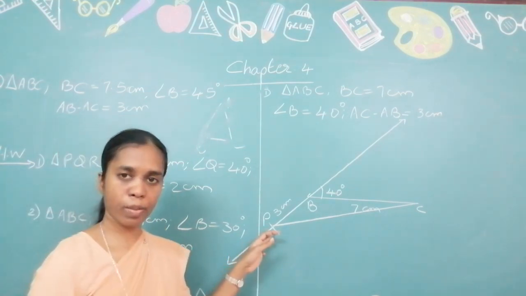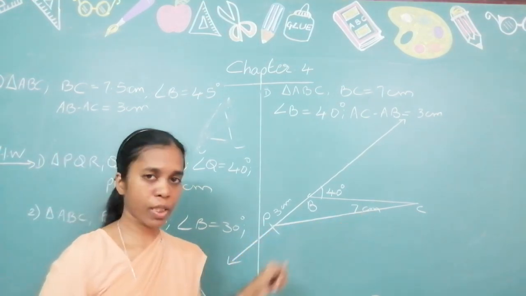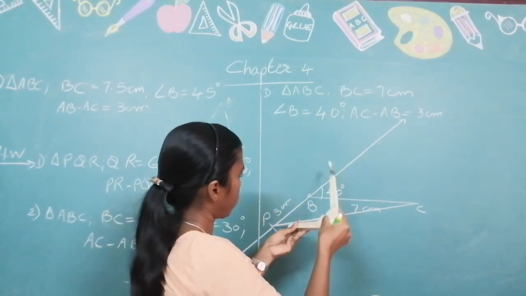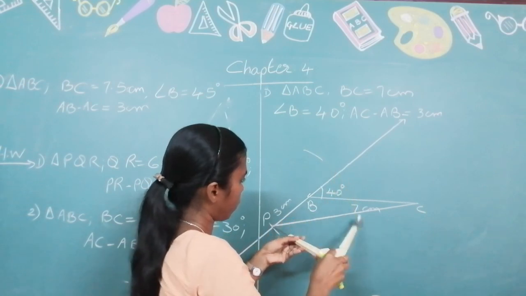Once we have got the newly constructed segment, draw the perpendicular bisector of it. Okay, so you draw the perpendicular bisector.